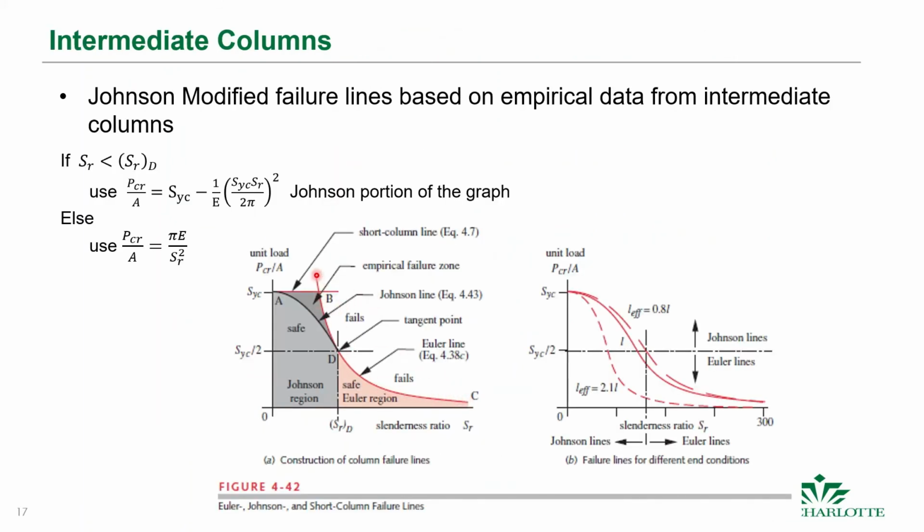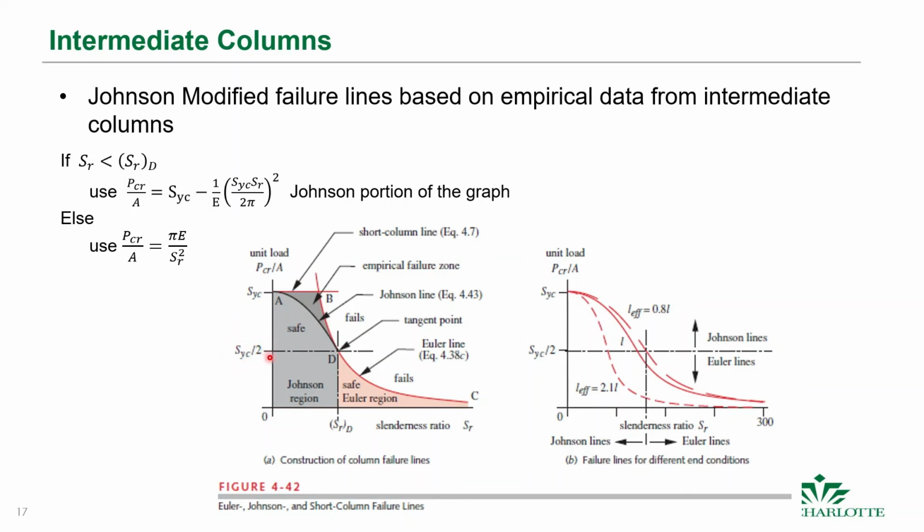But in reality, there's this area here where the columns have shown empirically to fail. Based upon the compressive yield strength for that material, Johnson modified this Euler curve with this Johnson region here that starts at point D, and point D is at half the compressive yield strength.